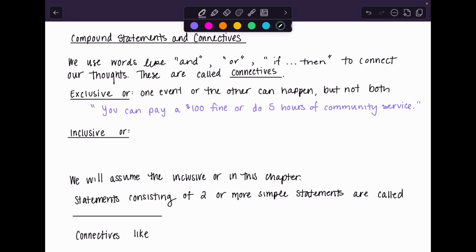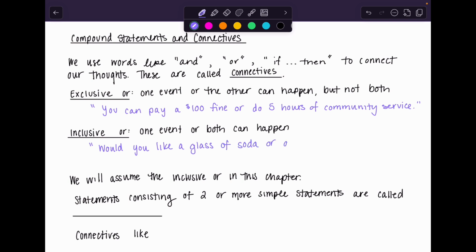The other type of or is inclusive. So in this case, one event or both can happen. So a good example of this is if you go out to dinner and the waiter's asking you about a drink and they say, would you like a glass of soda or a glass of water?